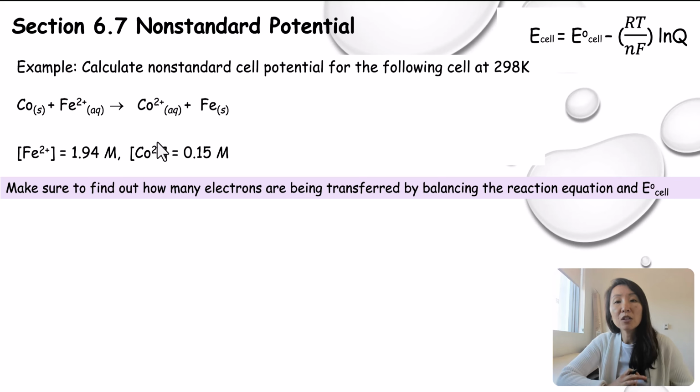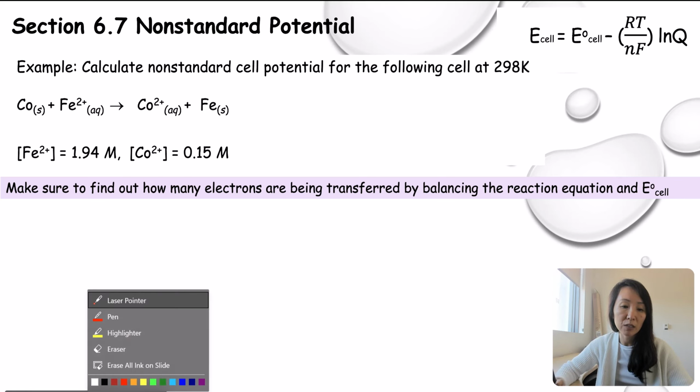The very first thing you want to do is find out how many electrons are being transferred by balancing the half reactions in particular, and getting the E naught cell, or the standard cell potential. So let's look at the half reactions first. To find them, we divide the oxidation and the reduction reaction.